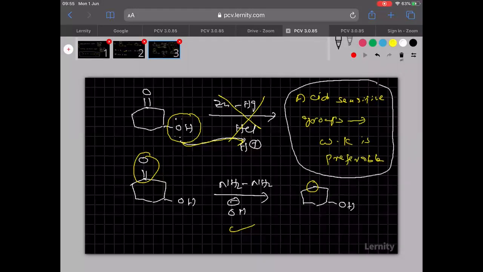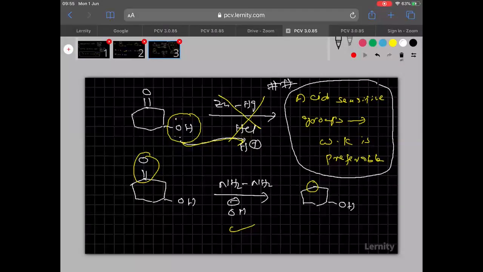This is the most important statement for this question. When acid sensitive groups are present, then Wolff-Kishner is preferable.